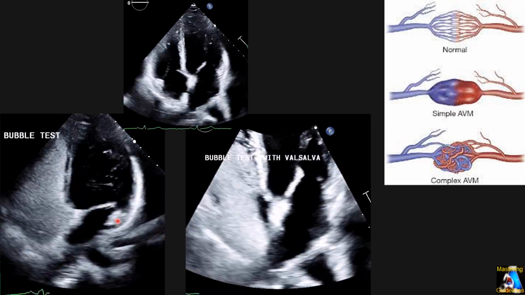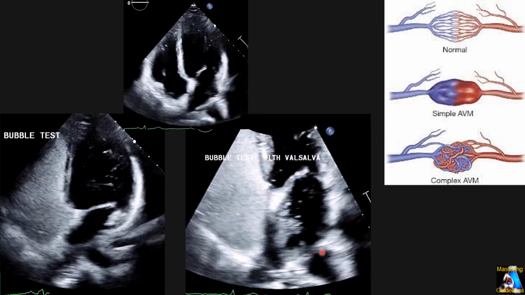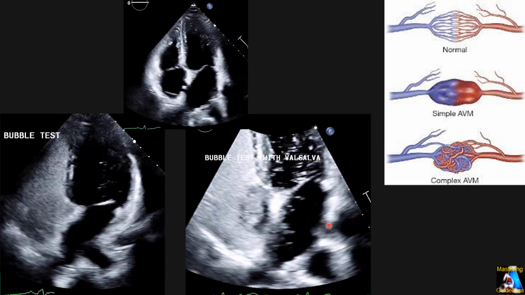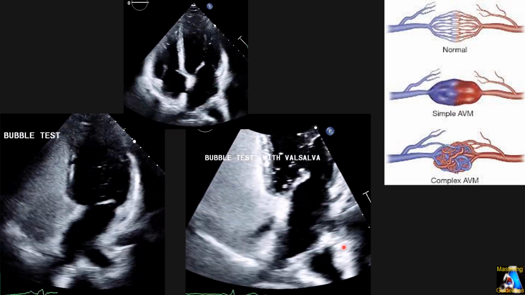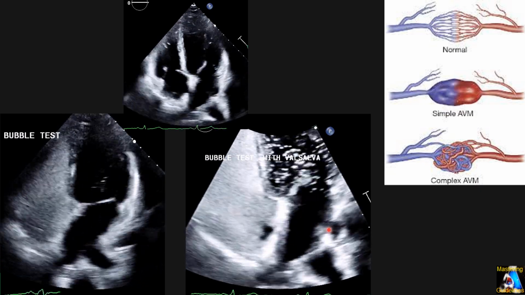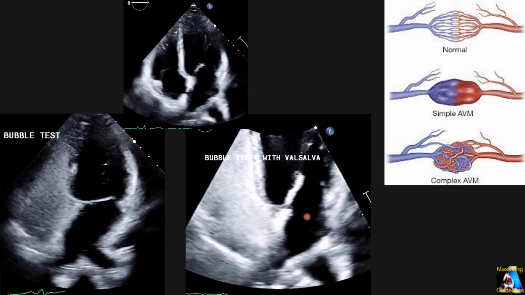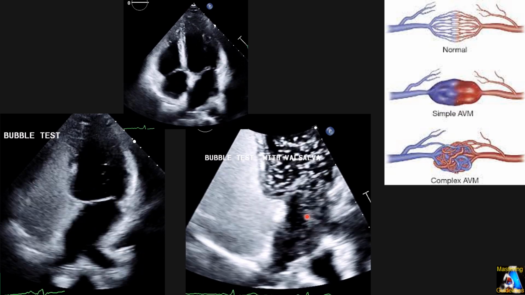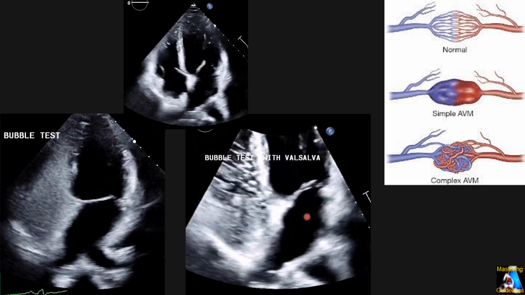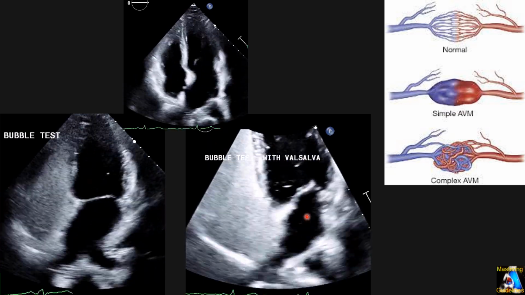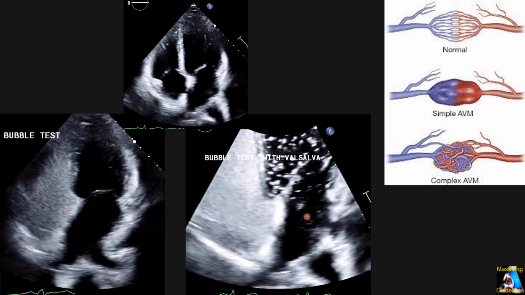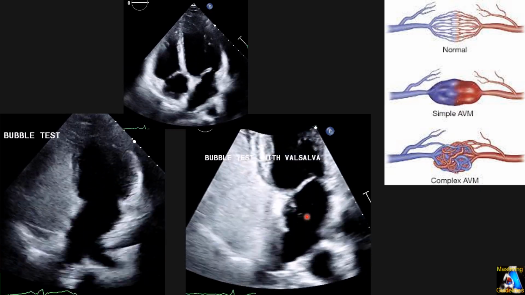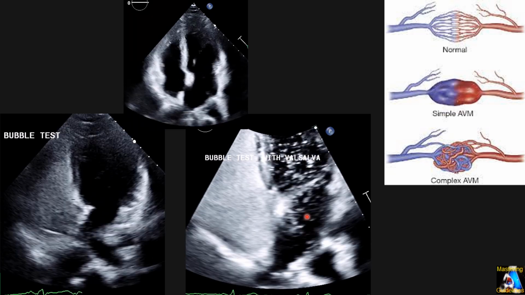We have ASD, but we have to rule out AV malformation too. Valsalva helps us detect that. Sometimes, especially if the technique is not very accurate and we don't have very good bubbles, the test can be negative. So we always have to think about those technical problems too.